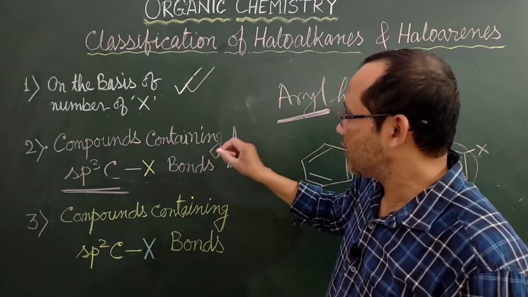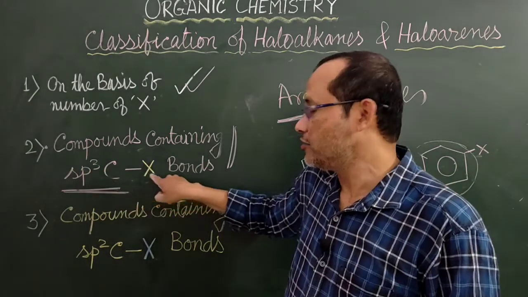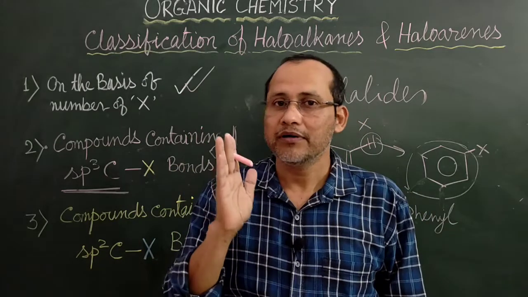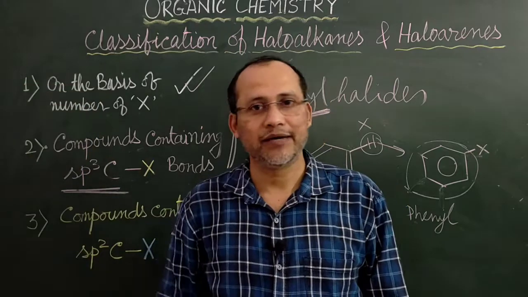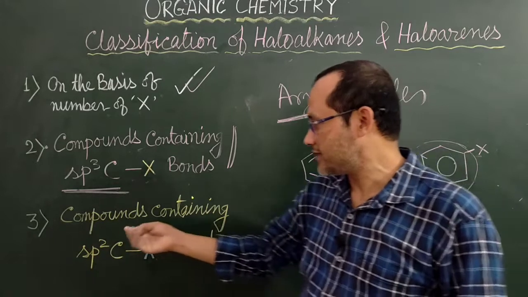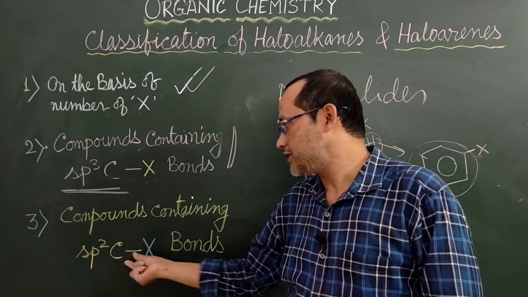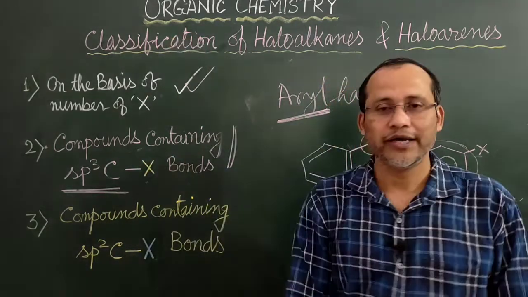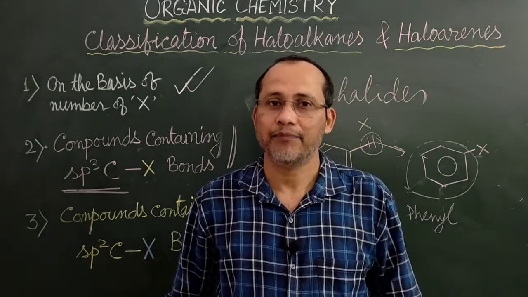And the second one was compounds containing an sp3 carbon atom bonded to halogen, and in this also we have seen that three types of compounds are possible, and in all these three so many examples are possible, which we have already discussed. And the last one we have just finished, and this is the compounds containing an sp2 carbon atom which is directly linked to one halogen atom.